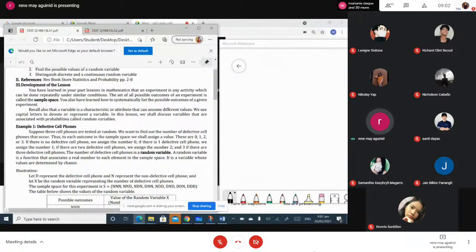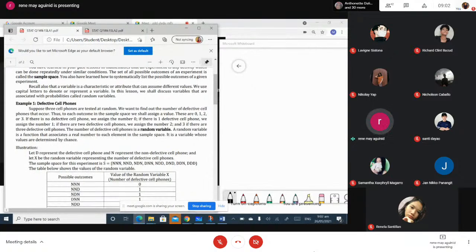So let's try example number 1: number of defective cell phones. Suppose 3 cell phones are tested at random, and we want to find out the number of defective cell phones that occur. Thus, to each outcome in the sample space, we shall assign a value. These are 0, 1, 2, 3.